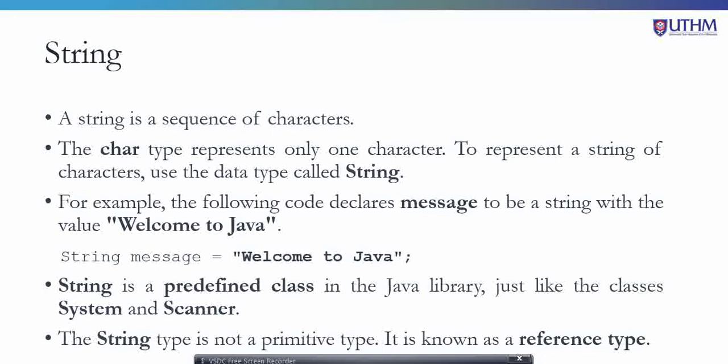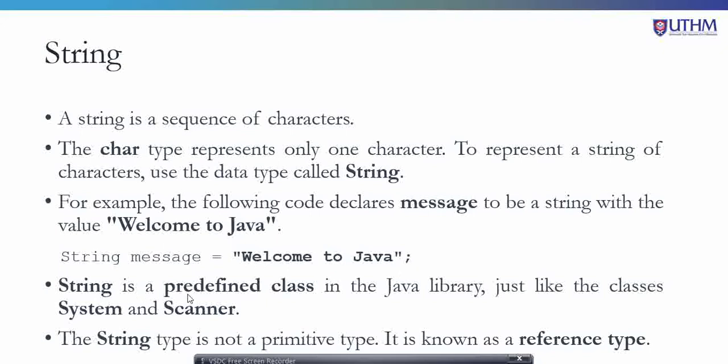To represent a string of characters, use the data type called String with capital S, huruf besar S. For example, the following code declares message to be a string with the value welcome to Java. String message equal to welcome to Java. So message will hold the value welcome to Java.